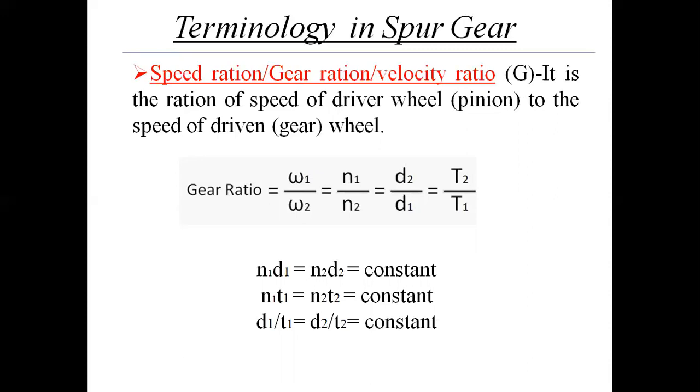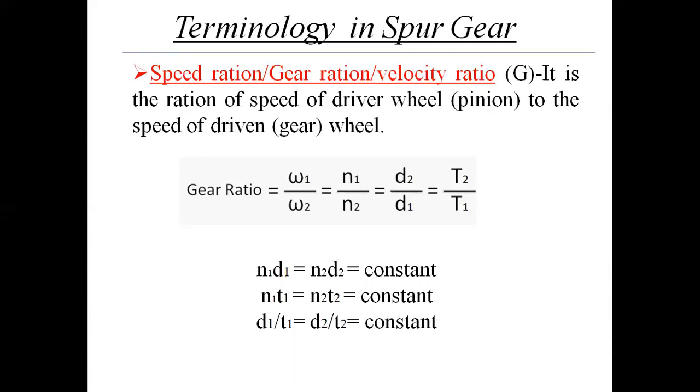n1 is the revolutions per minute for the pinion divided by the revolutions per minute for the gear wheel. It is again denoted in terms of the diameter of the wheel as D2, the diameter of gear, to D1, the diameter of pinion, which is the reciprocal of the speed values of driver to driven.